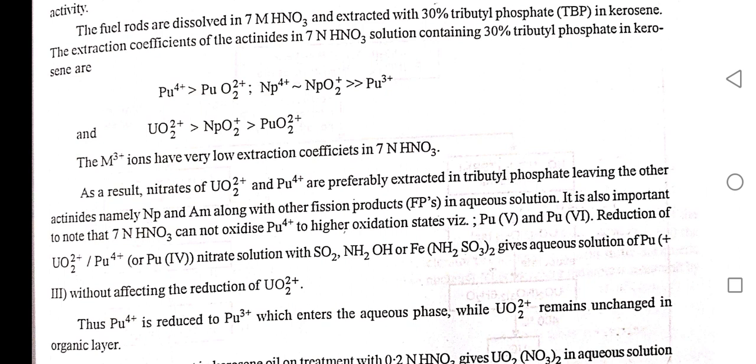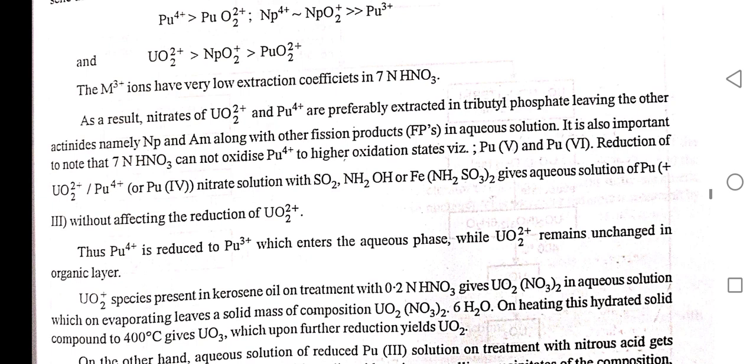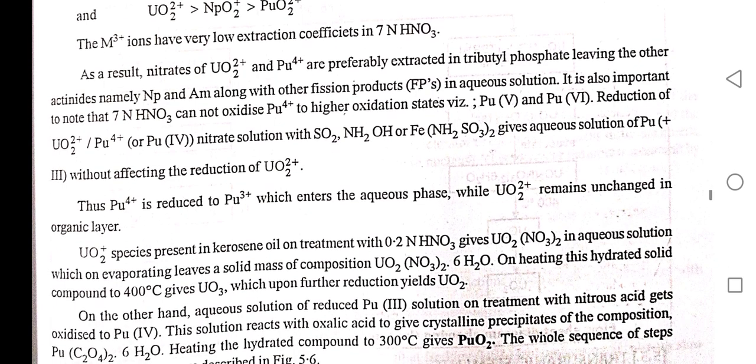As a result, nitrates of UO2 positive and Pu4 positive are preferentially extracted into tributyl phosphate, leaving the other actinides, namely Np and Am, along with the other fission products in aqueous solution.